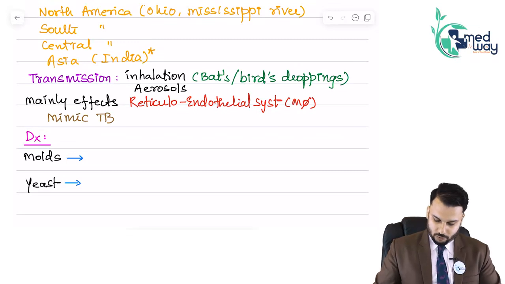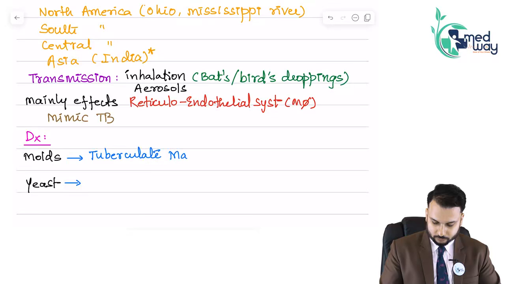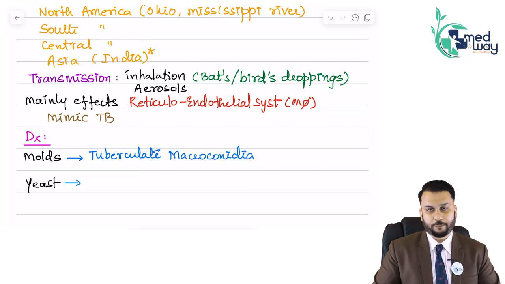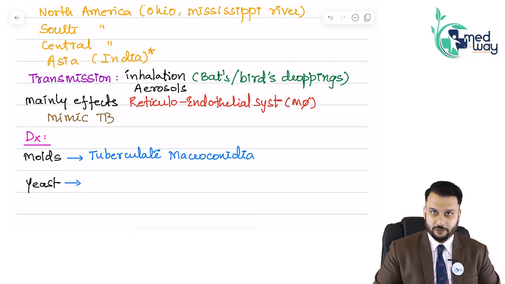When you're talking about the mold appearance, it has this appearance called tuberculate macroconidia. Obviously, I'm going to discuss the images coming up shortly. Until then, we'll just write and keep them aside for now.